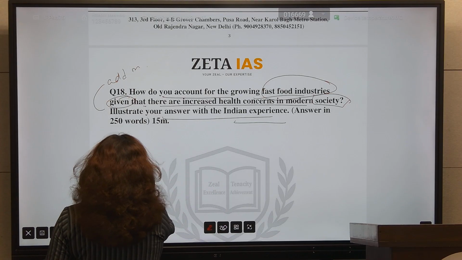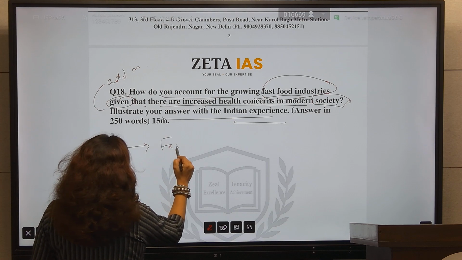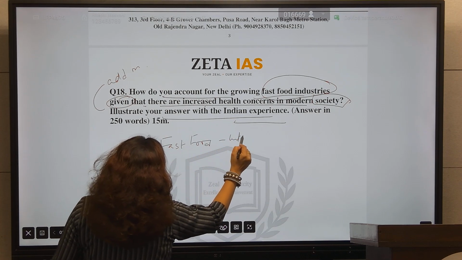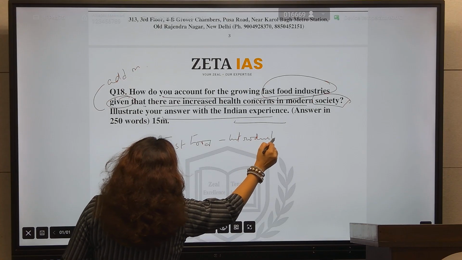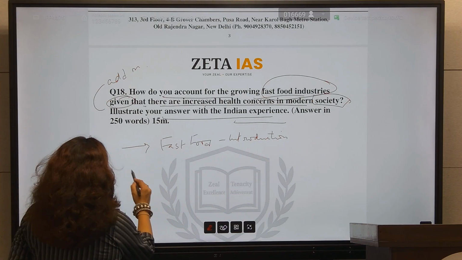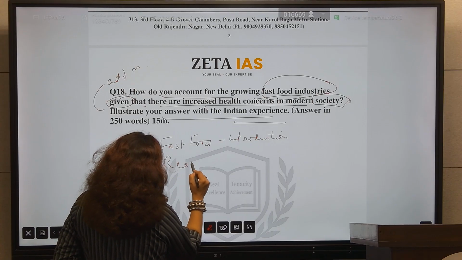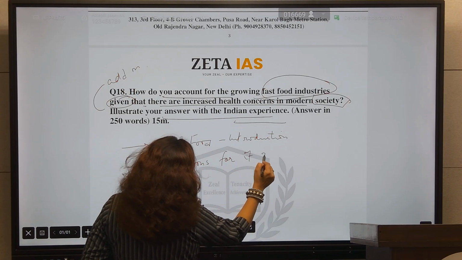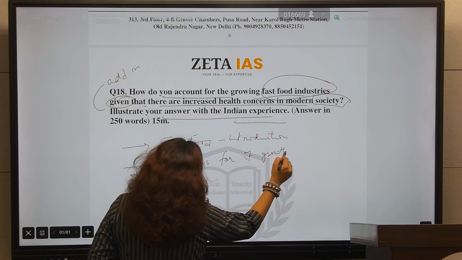Again, structure of the answer. What is fast food industries? So fast food industries, in the introduction. Okay, reasons for its growth, why is it thriving?